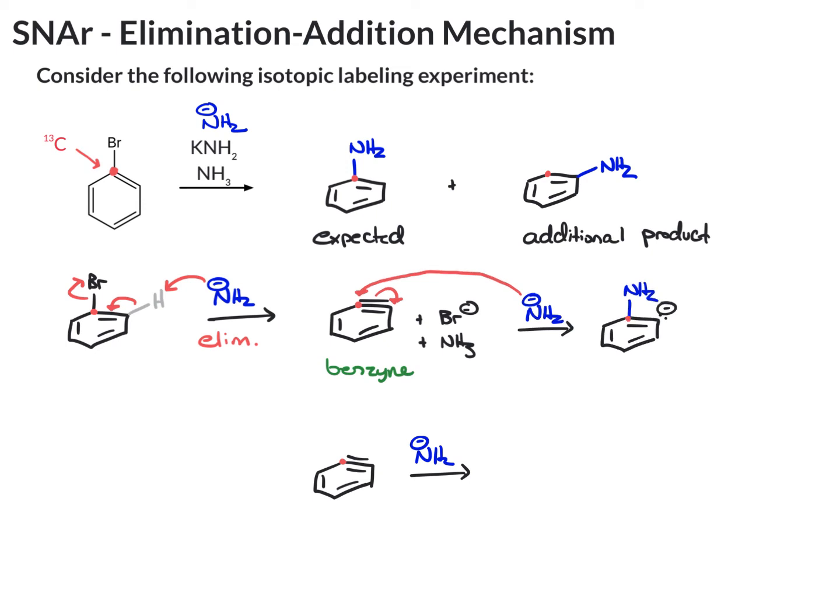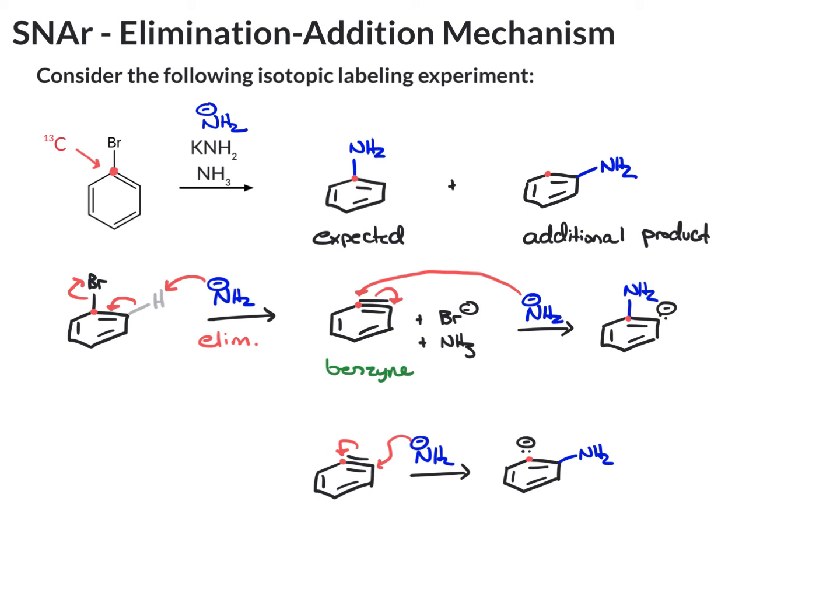But it's equally likely to add to the other carbon. So it could add right here and push the electrons onto the isotopically labeled carbon as a lone pair. This shows us how the NH2 adds to the two different positions.